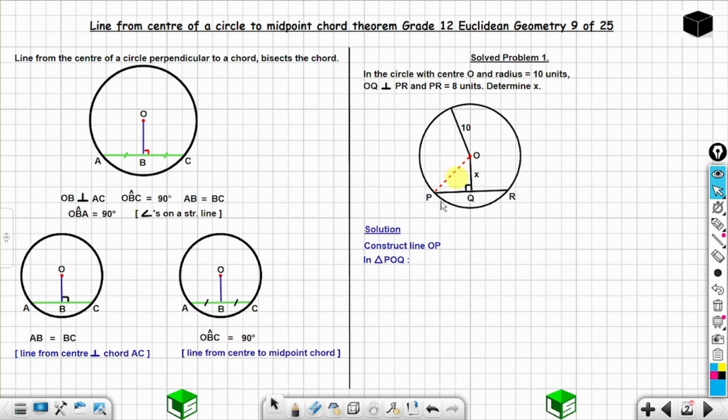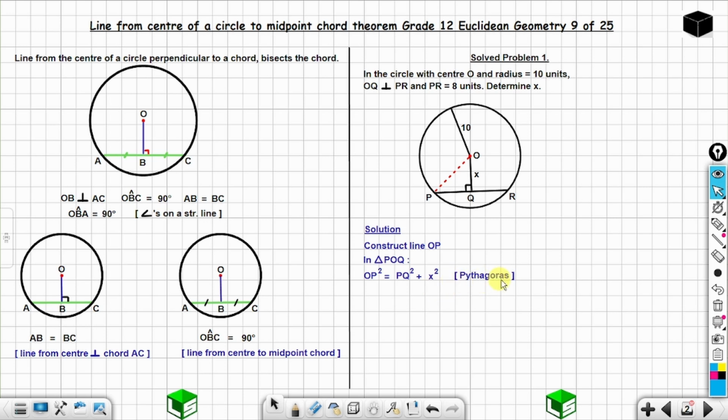So OP squared is equal to the sum of squares of the other two sides: PQ squared plus X squared, since OQ is X. The reason for this is Pythagoras theorem.